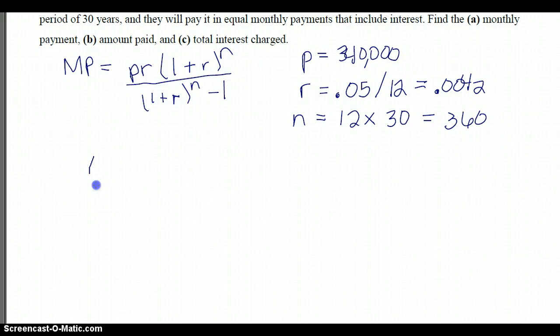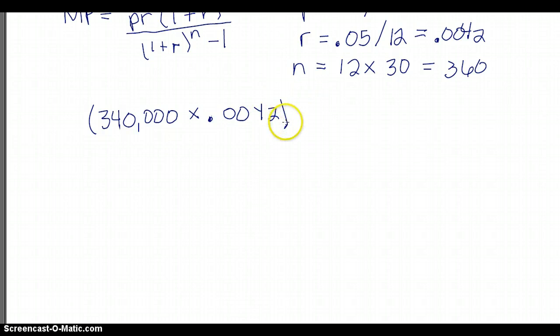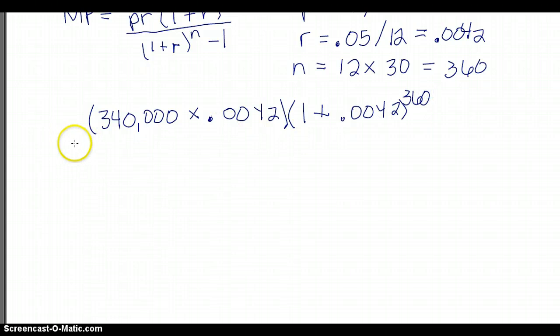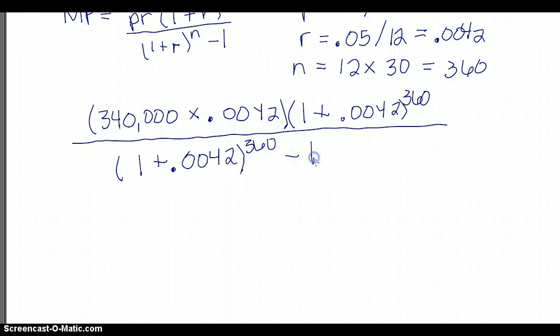Okay, so P times R, 340,000 times 0.0042 times 1 plus 0.0042 to the power of 360 all over 1 plus 0.0042 to the power of 360 minus 1.